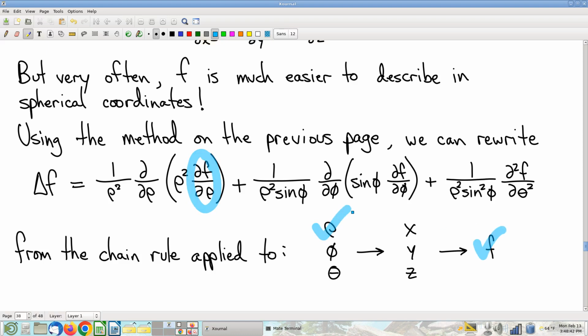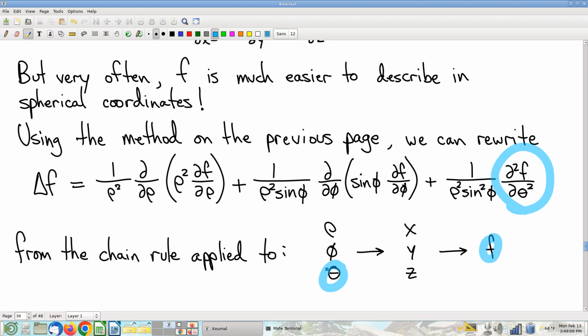There's f, there's rho, chain rule. And with that computed, I can multiply by rho squared, and I can then take the rho partial of all of that. Again, let the diagram be your guide. Use the chain rule where necessary. Here I have a second partial with respect to theta. Well, again, there's f, there's theta. Second partial, again, intermediate variables, just like on the previous page.